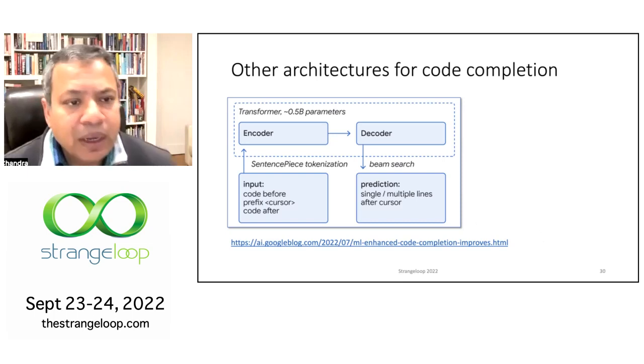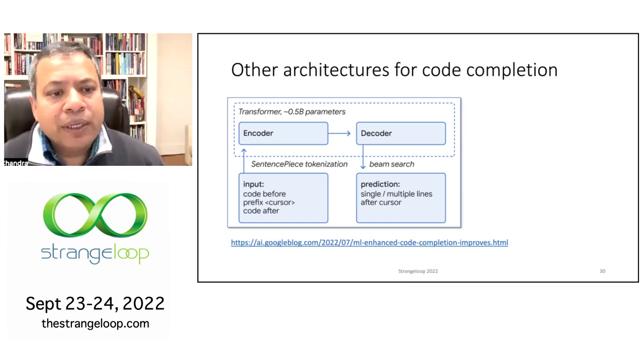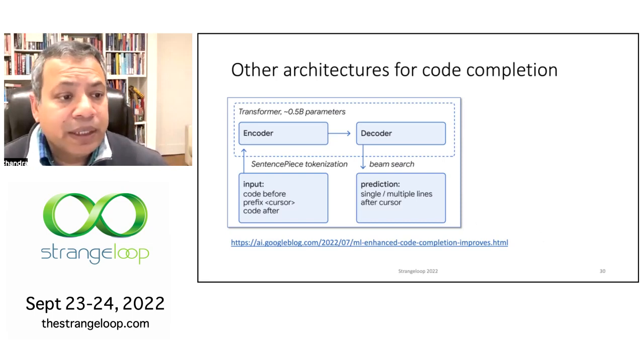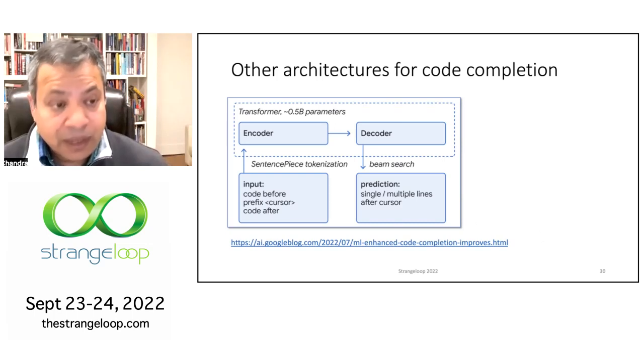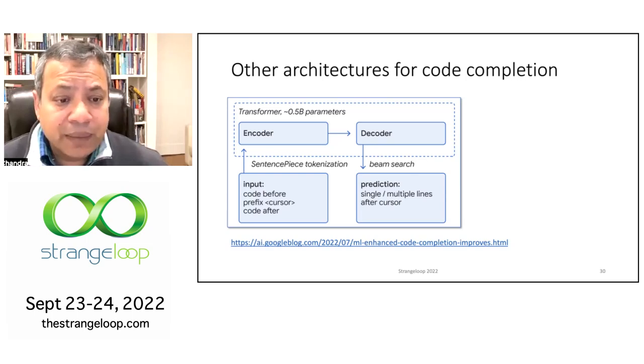So here, for example, we use what is called an encoder decoder transformer architecture, where the encoder takes the code before the cursor and perhaps code after the cursor as well, if there is any, creates a representation of that code and passes it on to the decoder that computes either one token or perhaps a sequence of tokens up to the end of the line, or perhaps even multiple lines after the cursor. And this was the subject of the blog post that I mentioned before from Google.